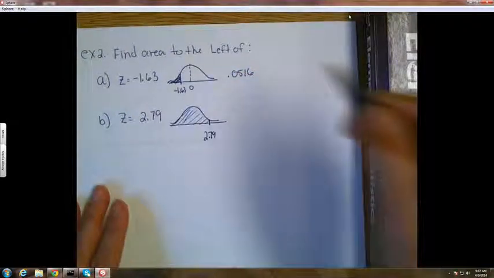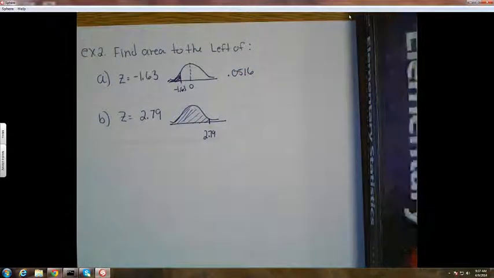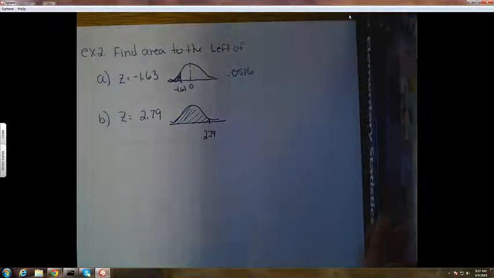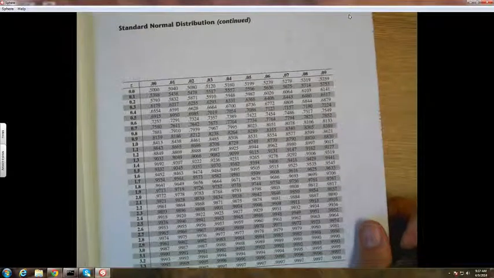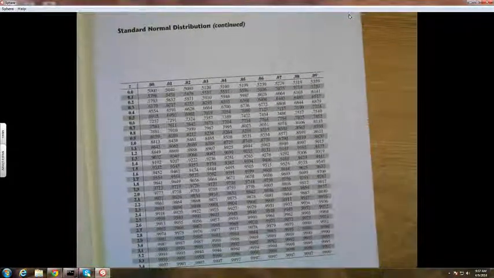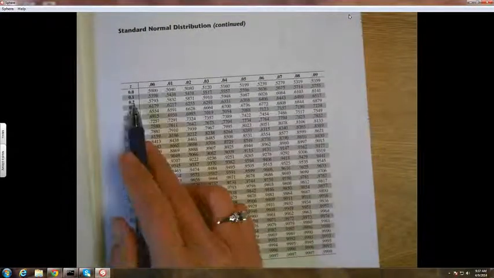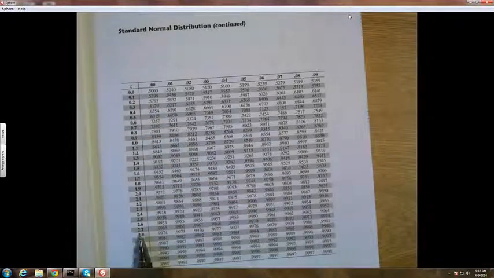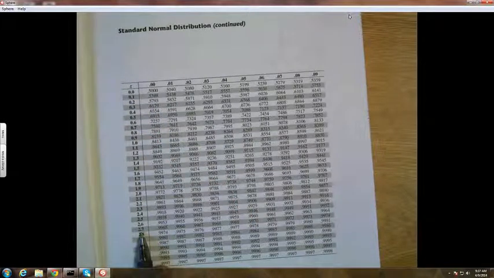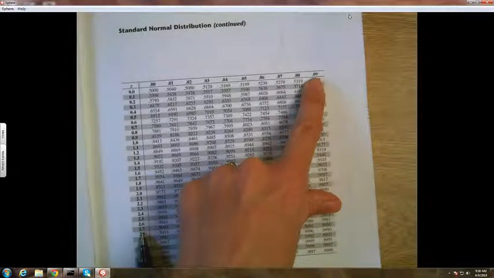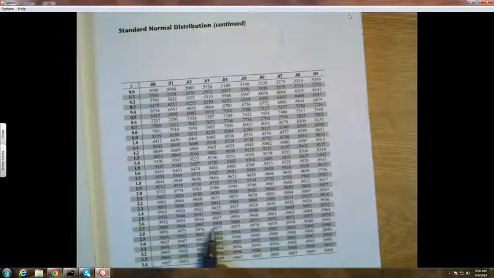So we look up 2.79 and read that value. We don't have to know the graph, I just like to show you what we're finding. So I'm going to find the positive 2.7, and then I've got the 9 in the hundredths place. So that's way over here on the end. So I want the last number there.